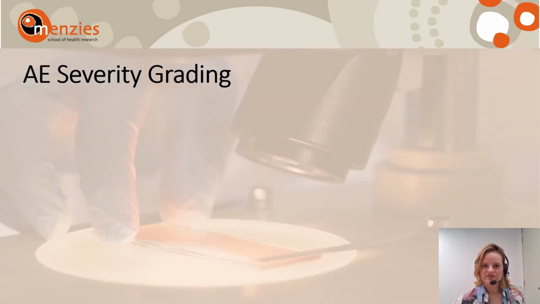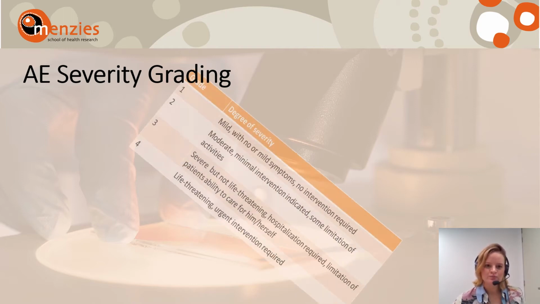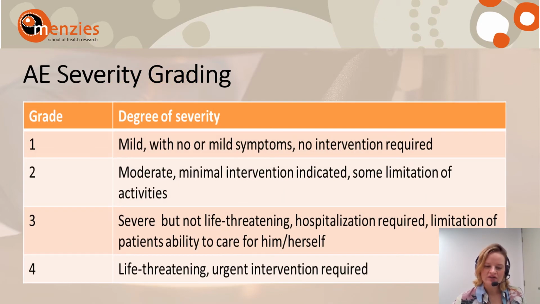Grades refer to the severity of the AE. Grades 1 through 4 contain unique clinical descriptions of severity for each AE based on the following general guidelines. Grade 1 is mild with no or mild symptoms and no intervention required.